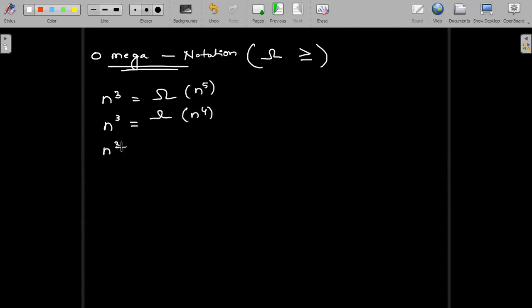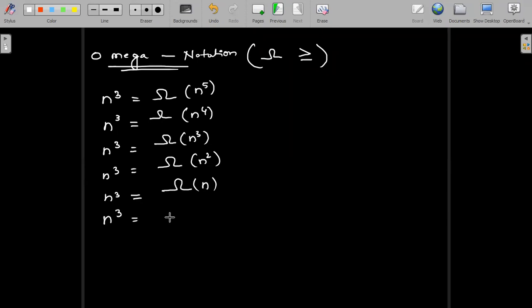N cube is equal to omega of n cube. Again n cube is equal to omega of n square. N cube is equal to omega of n. N cube is equal to omega of 1.